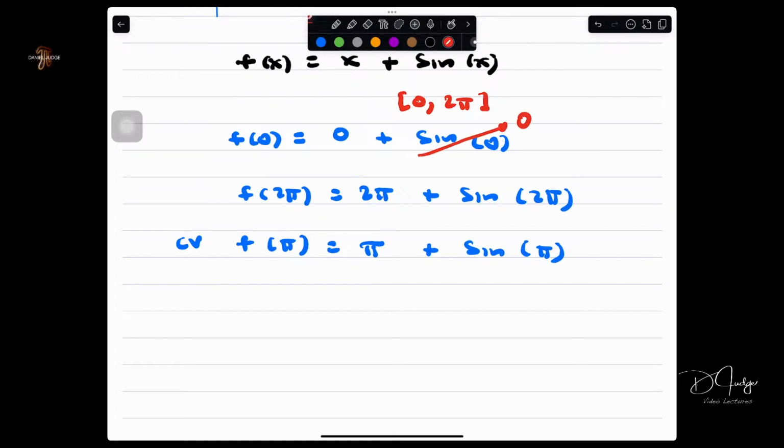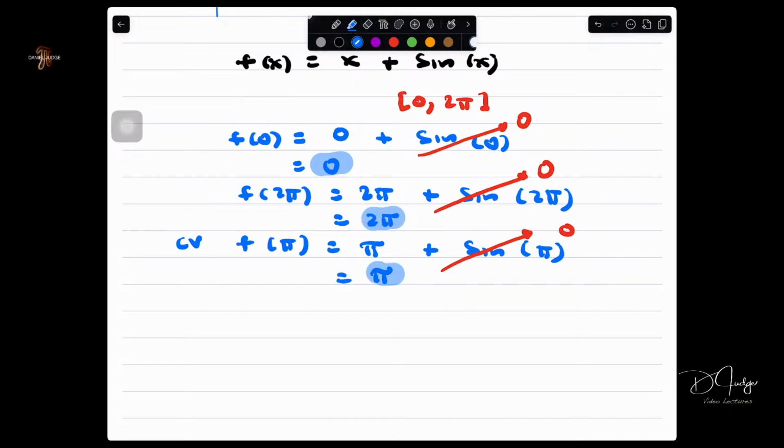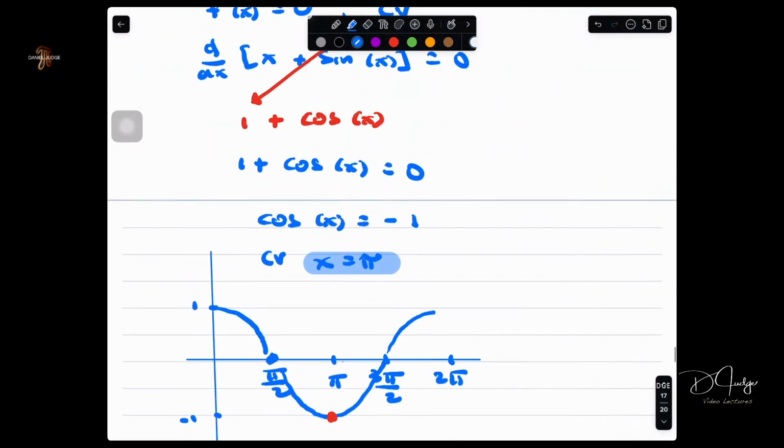Sine 0 is 0. Sine 2 pi is 0. And I believe sine pi is 0. So this is 0, 2 pi and pi. Okay, f of pi is pi.